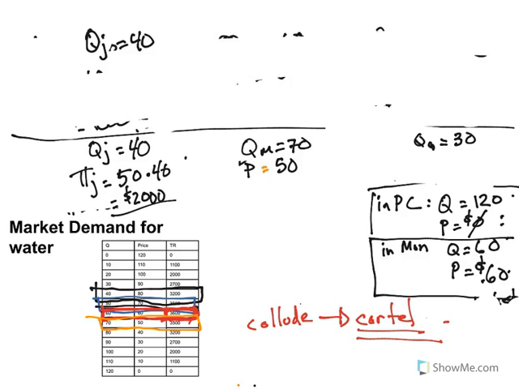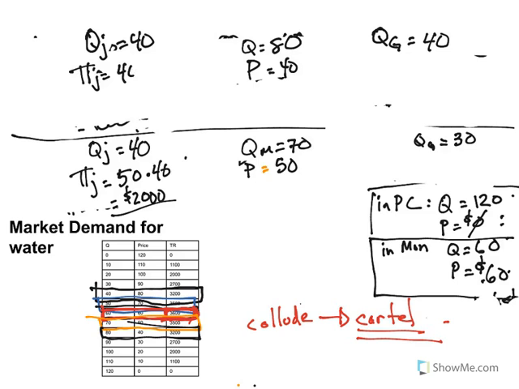Of course not. So what does Gary do? Gary says, well, I'm going to raise my quantity to 42. Now the market quantity is 80. The market price is 40. So Gary's profit is 40 times 40, 1,600, and, well, so is Joe's.